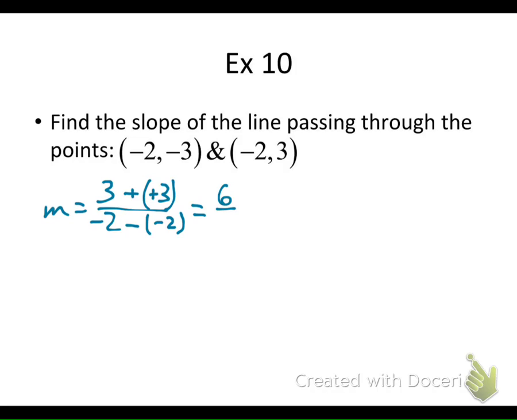Nope. I understand why you think that, but because that first value is a -2, that doesn't change. Only these signs change. So it's going to be -2 plus 2. What's that? Mm-hmm. 0.